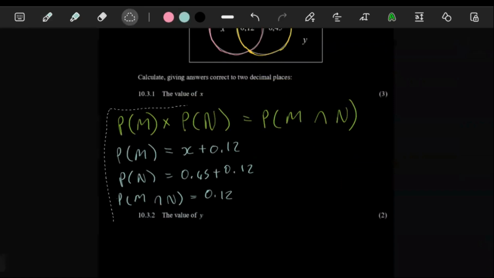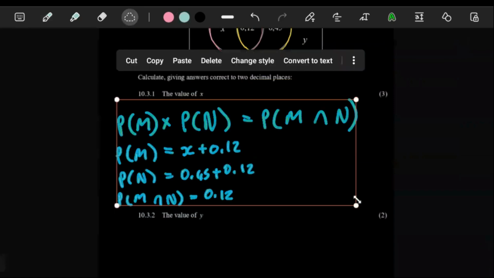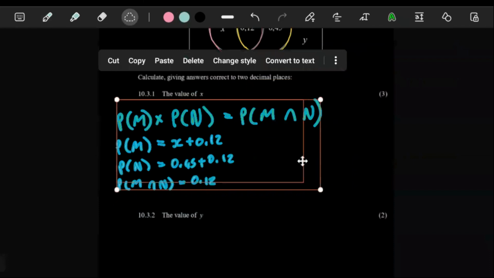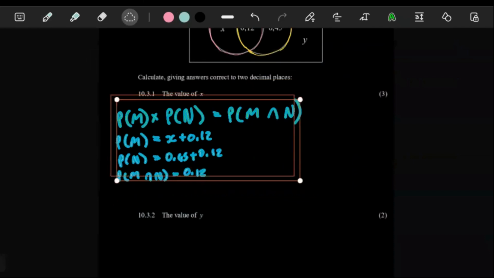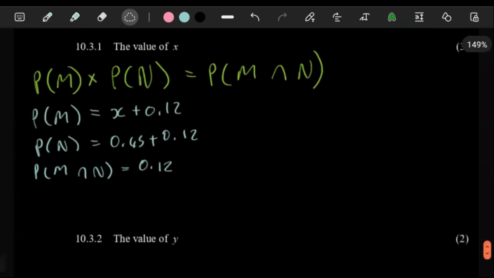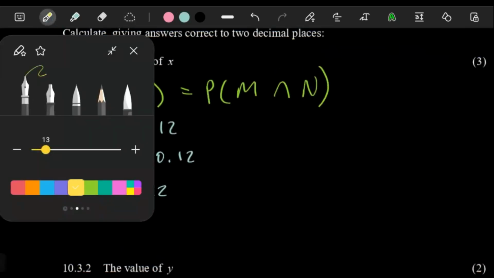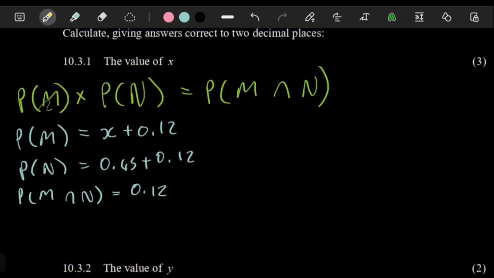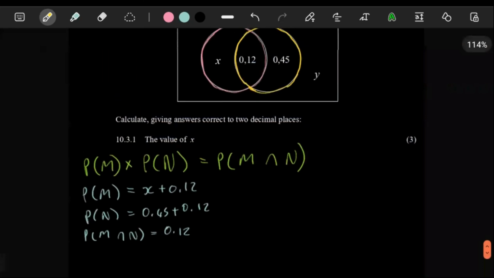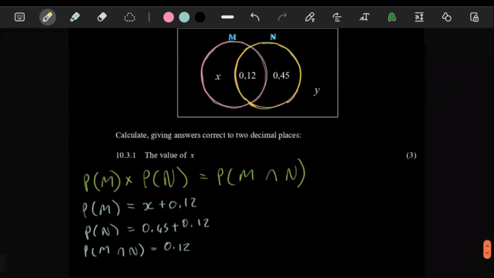So with all this being said, we can easily get whatever they're asking for, which is x, using this formula. Where P(M) is, we know it's just x plus 0.12.